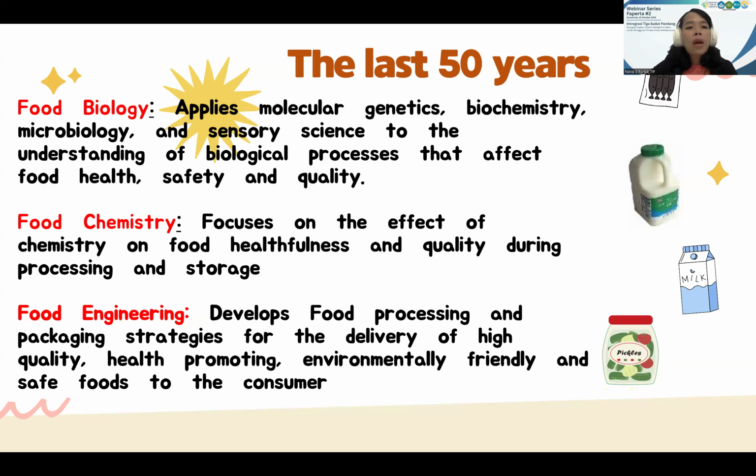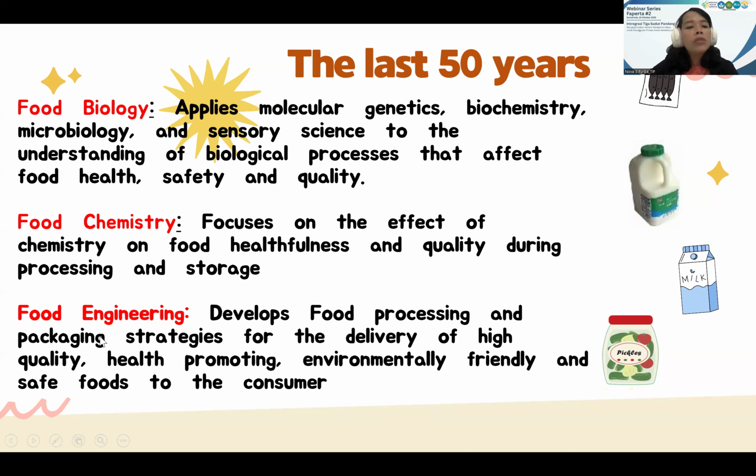And not only food biology, food chemistry also focuses on the effect of chemistry on food healthfulness and quality during the process and also the storage. Of course, when we process the food, when we store the food, something will happen. The chemical reaction will happen during the handling.